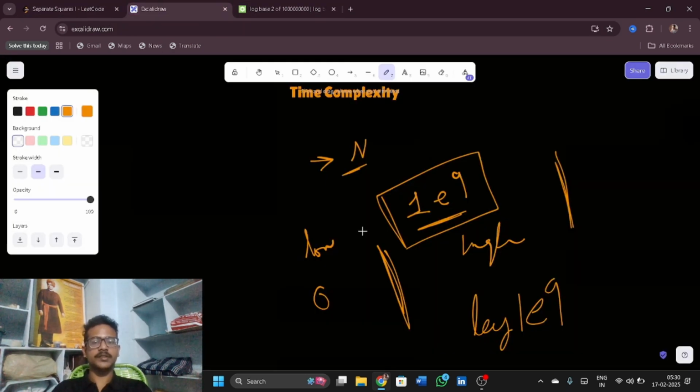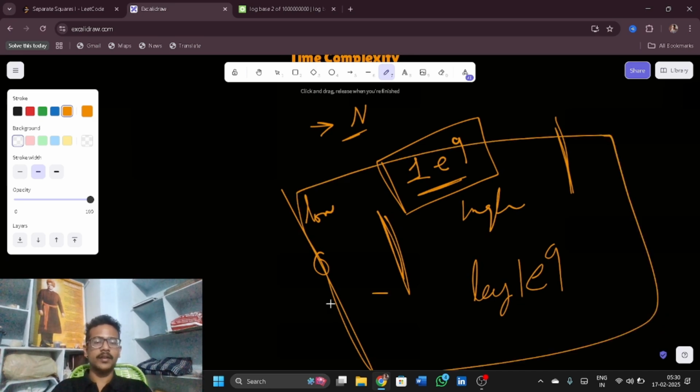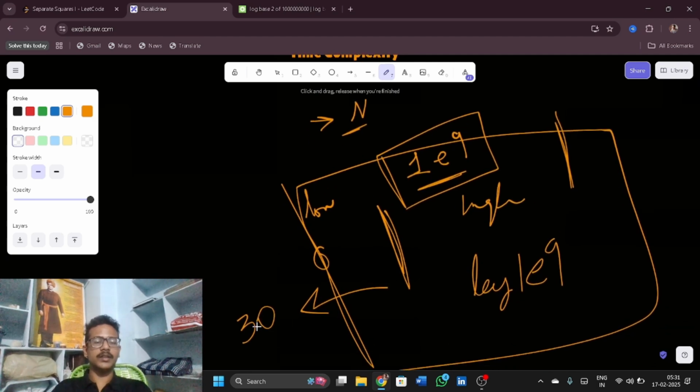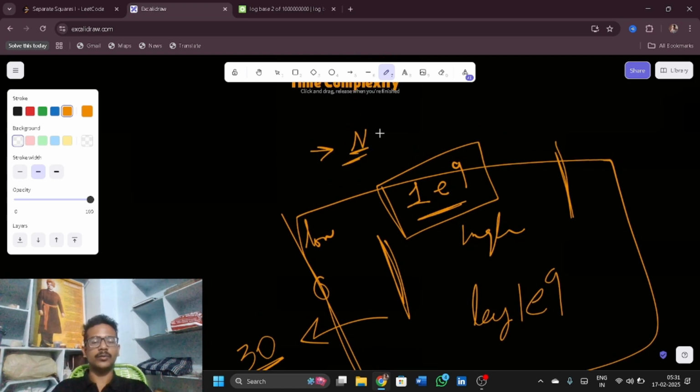So it is clear that this binary search only takes 30 iterations, and here 30 is my log n, the binary search factor, and for each of the n squares we do this search 30 times. This will be the worst-case time complexity of my solution.